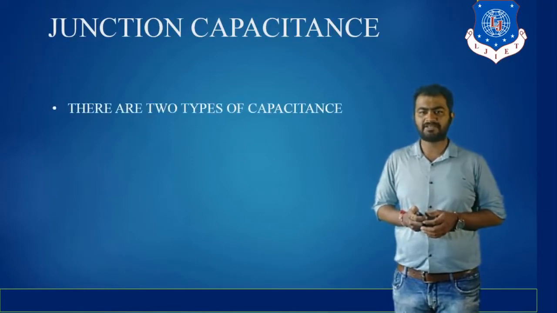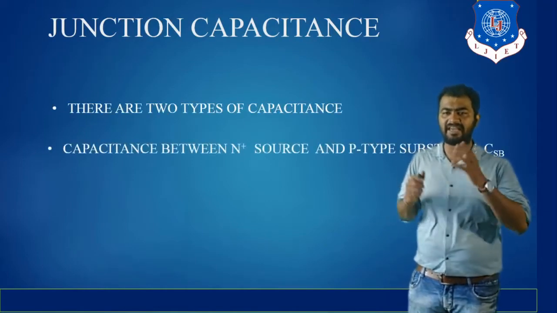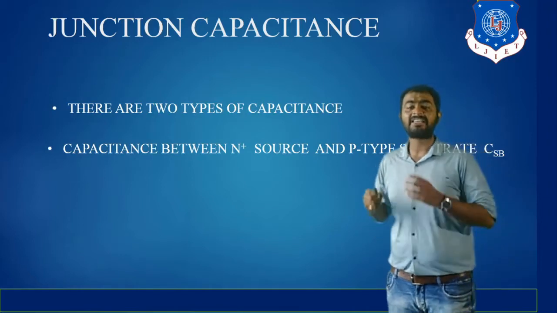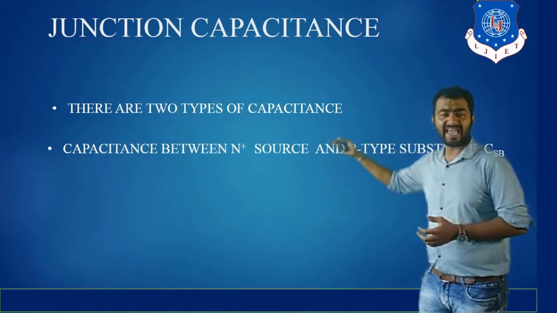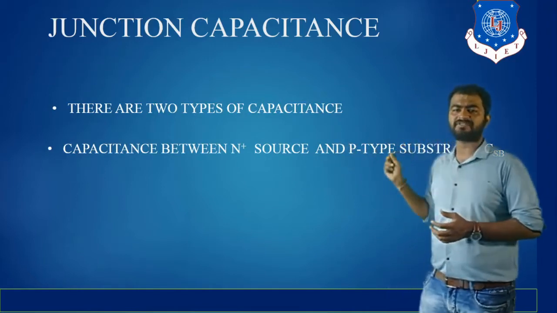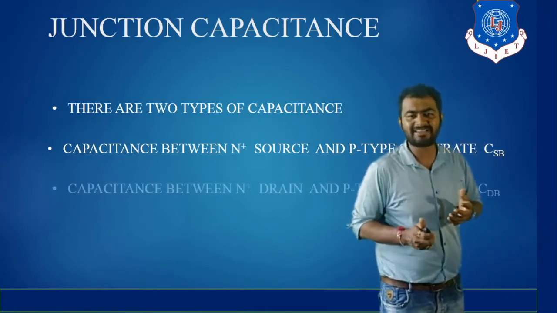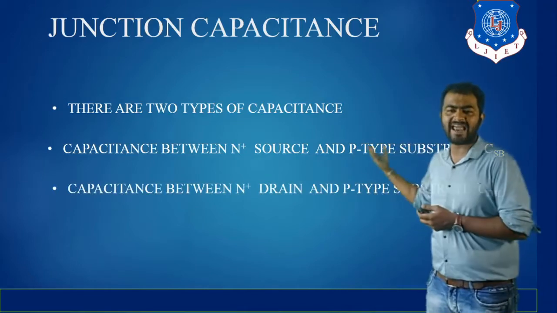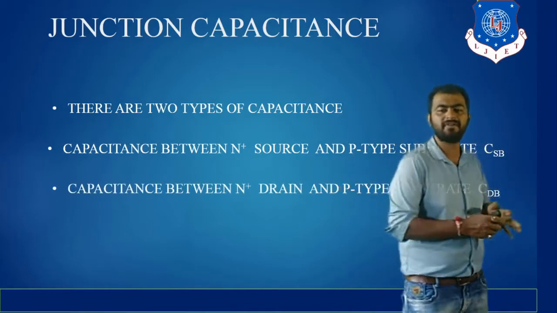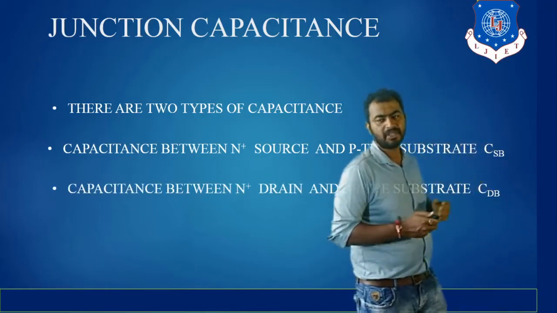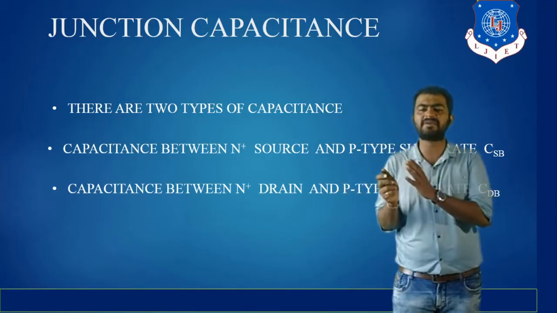Now, junction capacitance. There are two types of capacitance. The capacitance between the N plus source and the P type substrate is called CSB. Similarly, the second one is the capacitance between the N plus drain and the P type substrate, CDB.